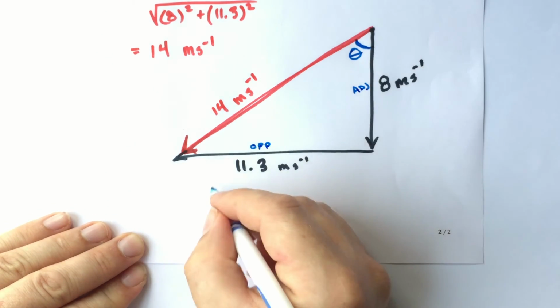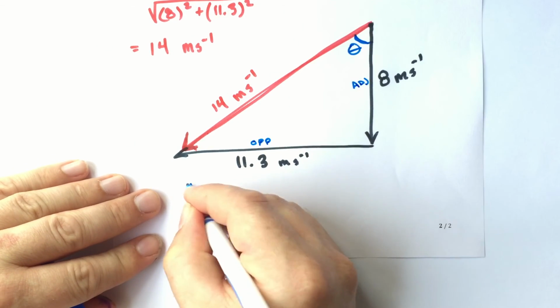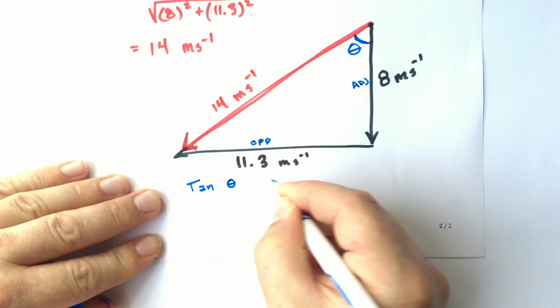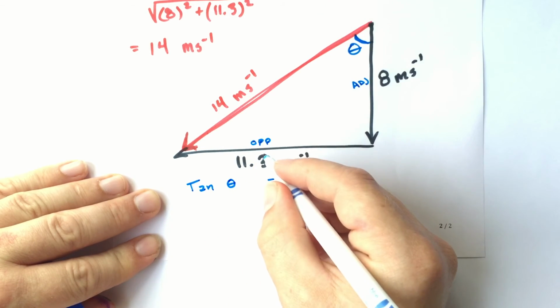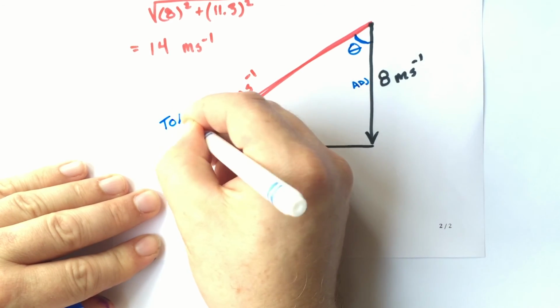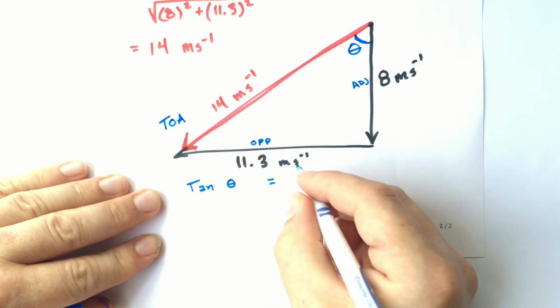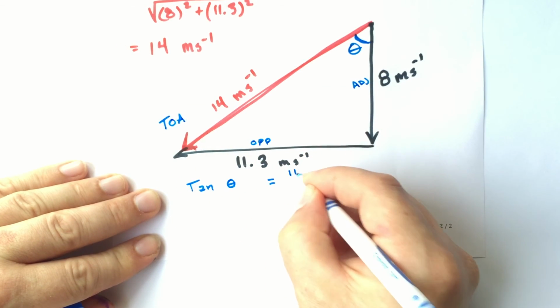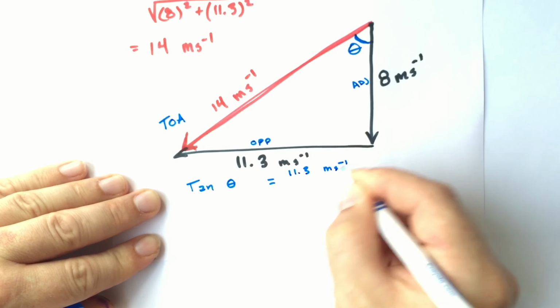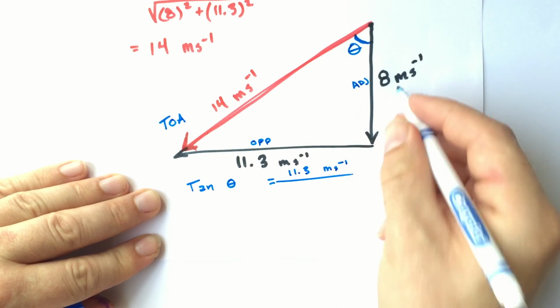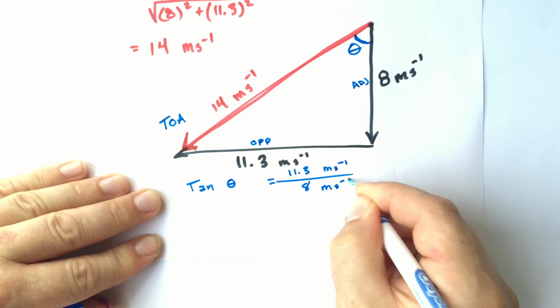And the tangent of theta has to equal the opposite over the adjacent, because TOA is true. Tangent is opposite over adjacent. The opposite in this case is 11.3 meters per second. The adjacent is 8 meters per second.